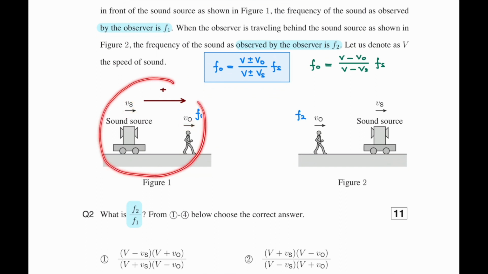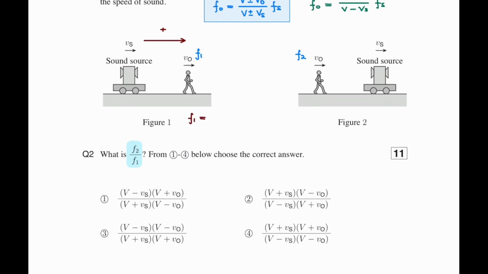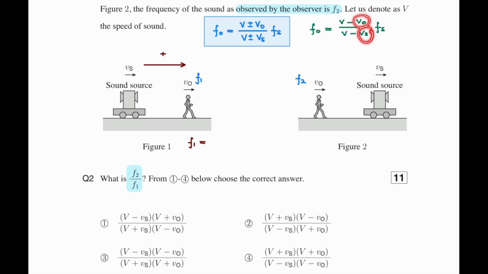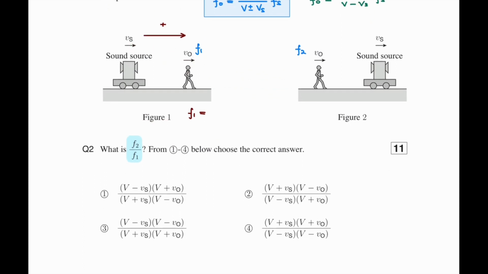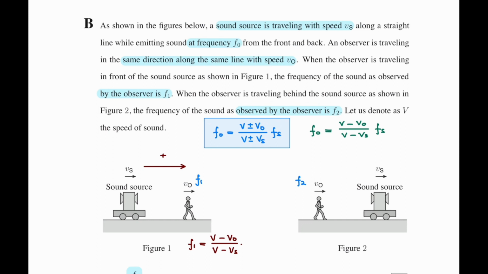So for the first case, if I use this formula, the observed frequency, which is F1, is equal to, since both VO and Vs are in the same direction as my sign convention, V minus VO over V minus Vs times the frequency of the source. In this question, the frequency of the source is F0.